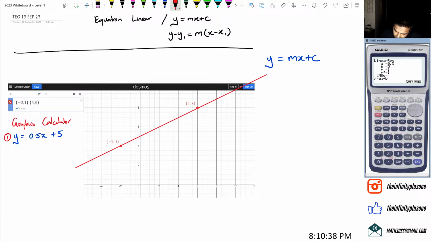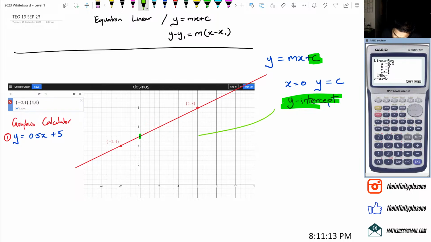A couple of things to understand. First thing is your c value. Interestingly enough, the c value is always when x equals 0. So when we have x equal to 0, the y value is equal to c. In other words, this is also known as the y-intercept. I'm going to highlight all of this in green: this part right there, the green part that I've highlighted.